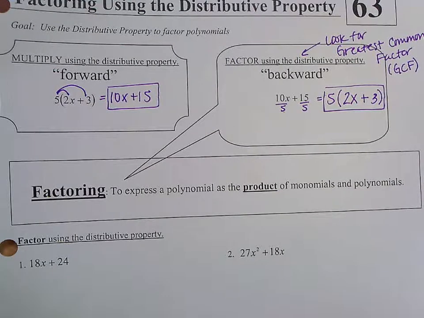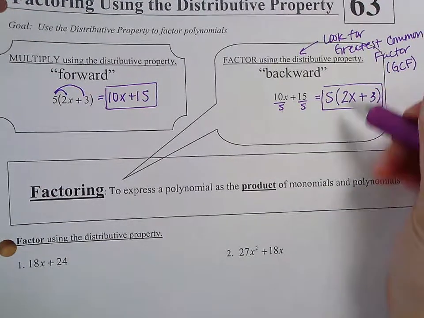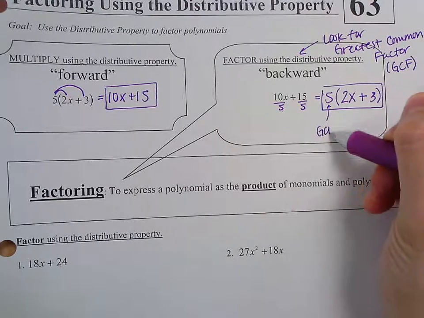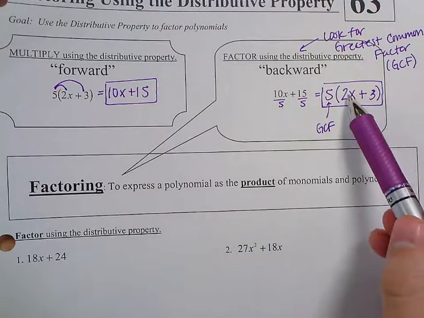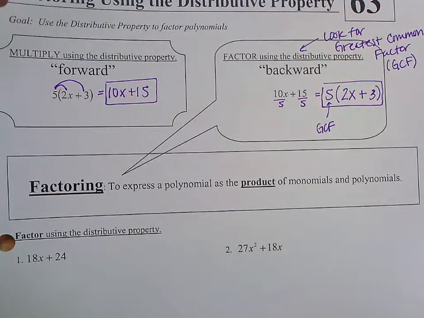That's how you go backwards with the distributive property. You find what is their GCF, you divide every term by it. The GCF goes in front of the parentheses, and then in parentheses is what you have left after you divide everything by it.